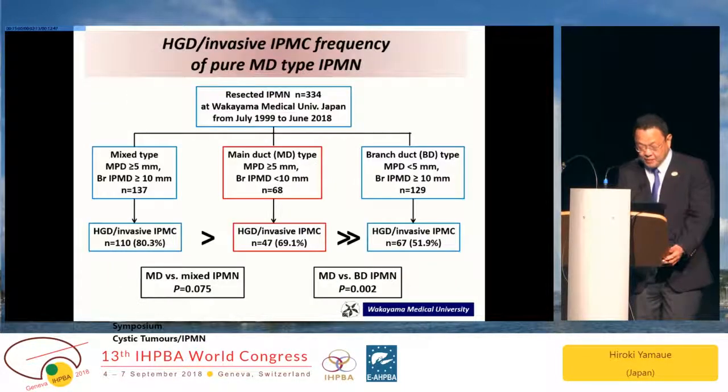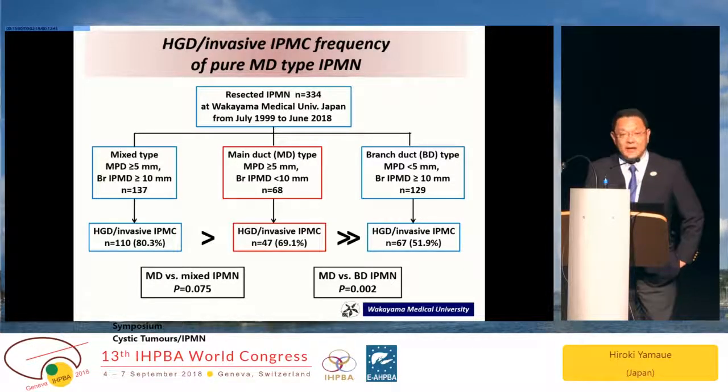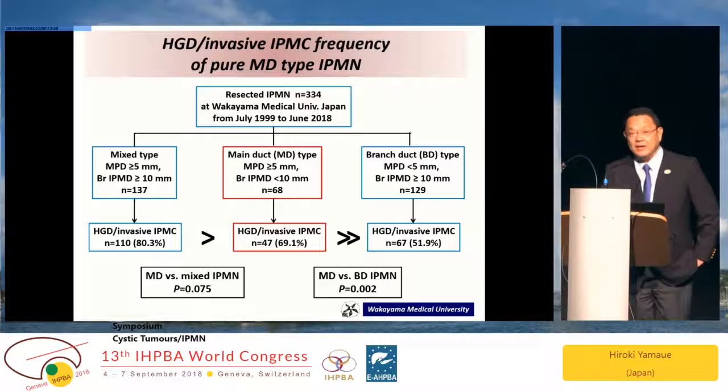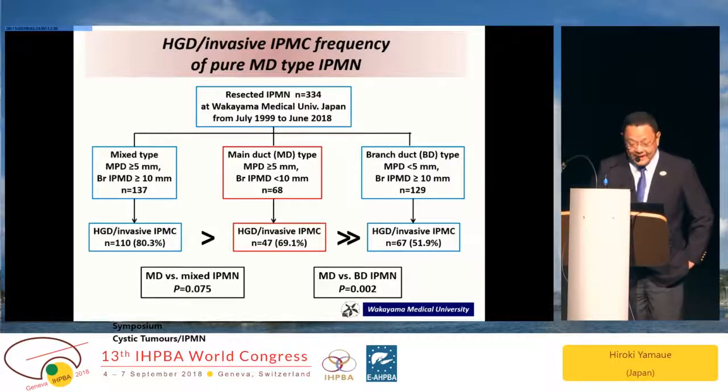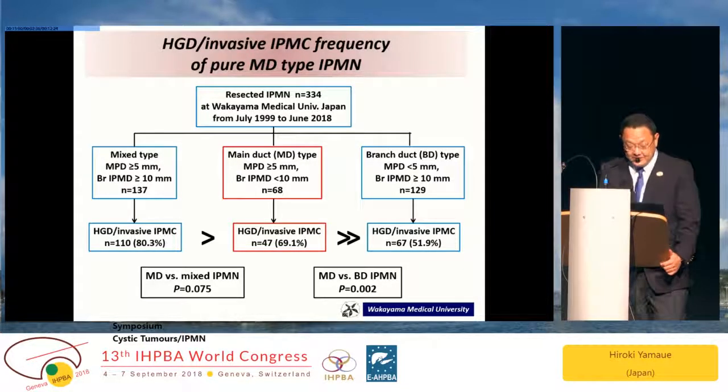We resected 334 patients with IPMN during 20 years at my university. Among them, 68 patients, 20%, had pure main duct IPMN, that is, dilatation of the main duct of more than 5 millimeters without dilatation of the branch duct type.